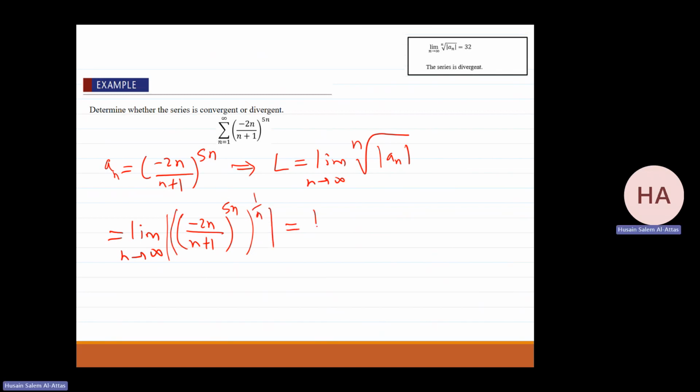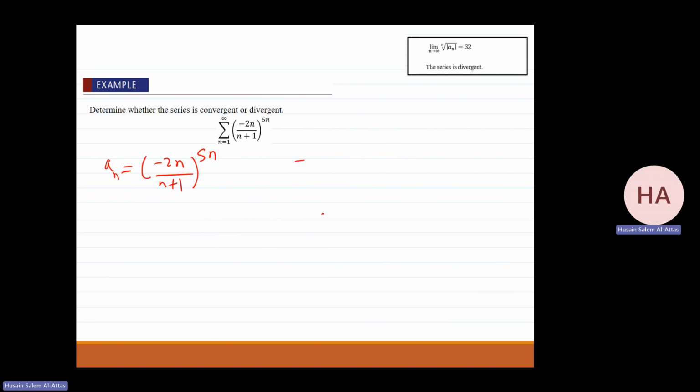Let me make it easier. I don't need to be bothered with this minus sign. I can rewrite this as minus 1 to the power 5n times 2n.